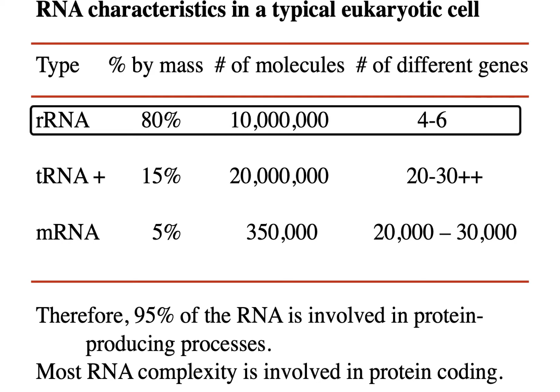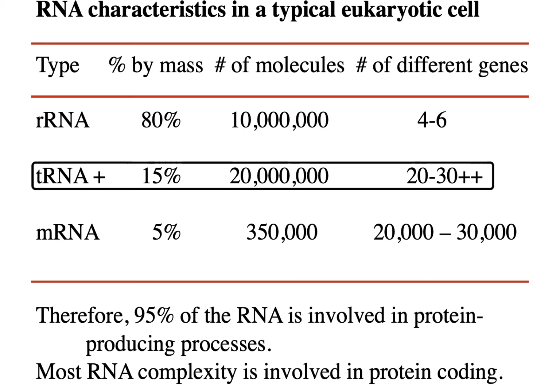Only 4 to 6 different genes, though, so it's fairly homogeneous. tRNAs plus other small RNAs make up about 15% of the RNA in a cell, about 20 million molecules, and 20 to 30, sometimes up to 50 or so different tRNAs and other small molecules.